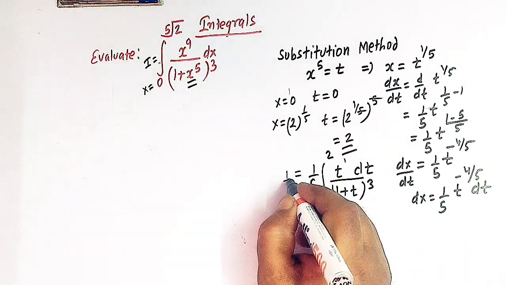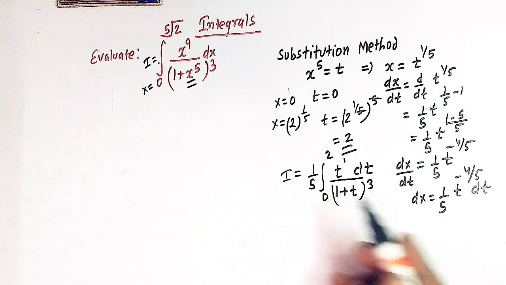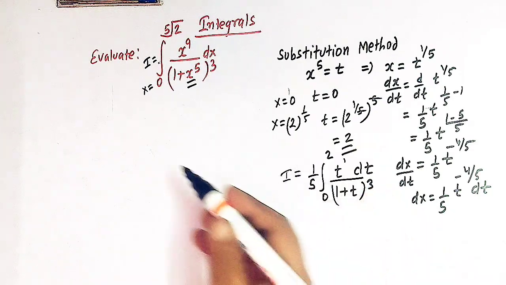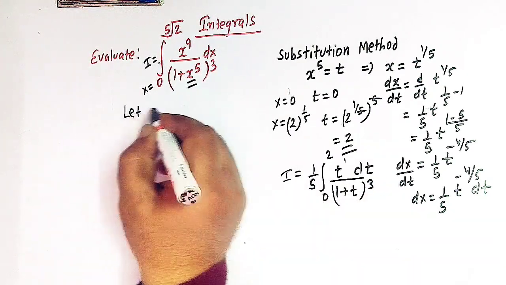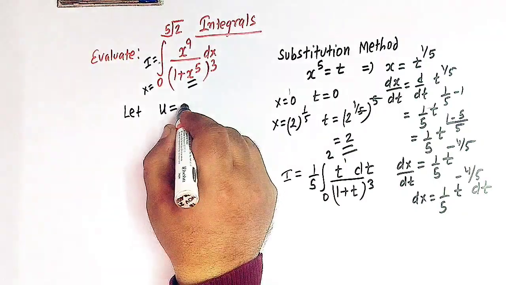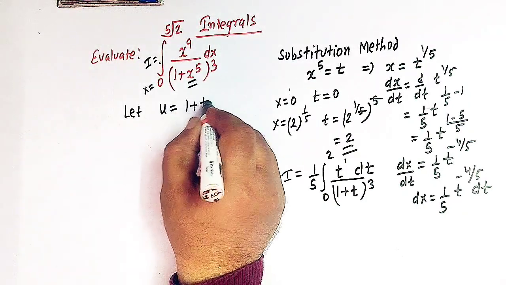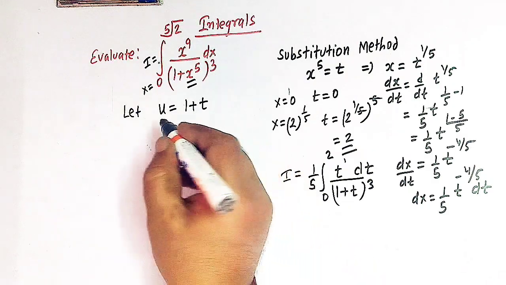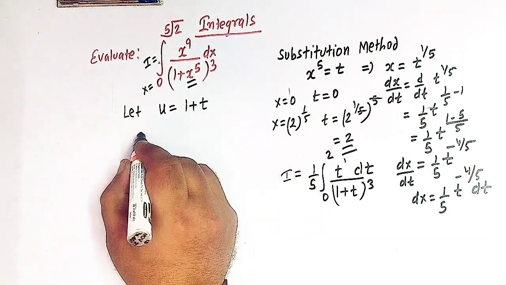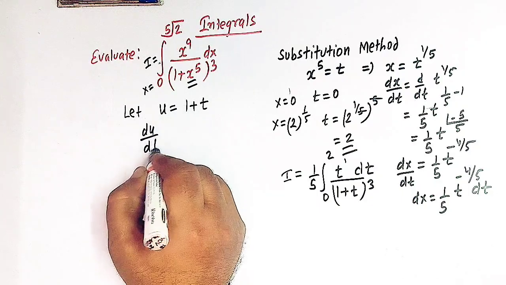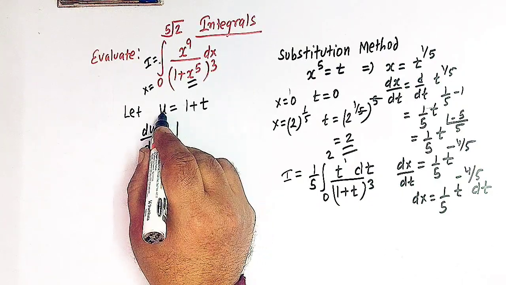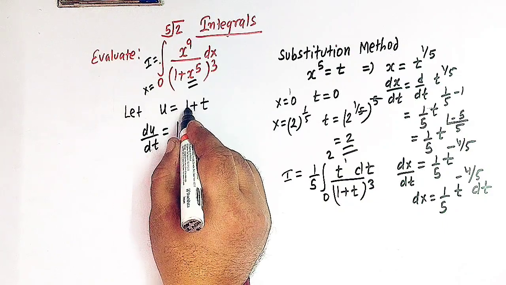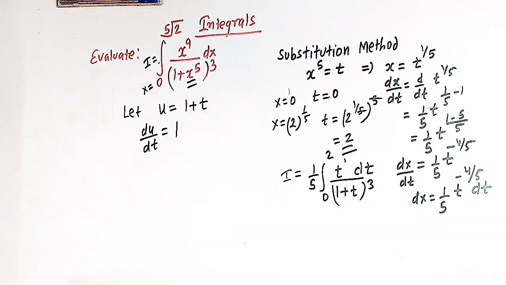So now we have this integral I, right? Okay, so now here again we can make another substitution, and let us take u is equal to 1 plus t, right? So 1 plus t can be taken as u, introducing a new variable u, and du over dt is simply 1. The derivative of u with respect to t is 1, because the derivative of 1 is 0 and the derivative of t is 1.